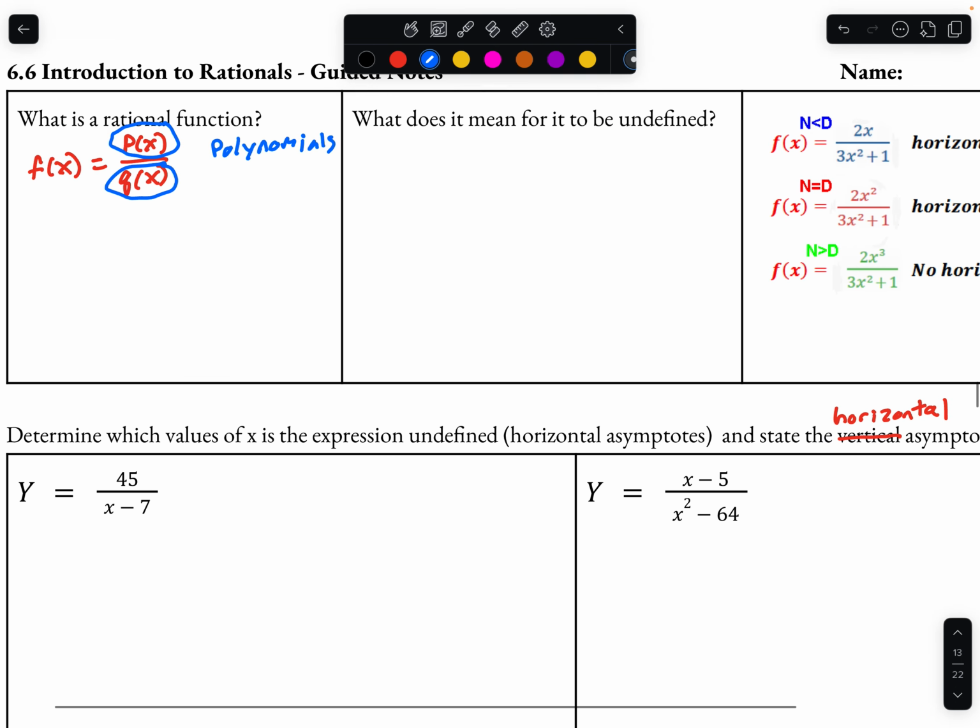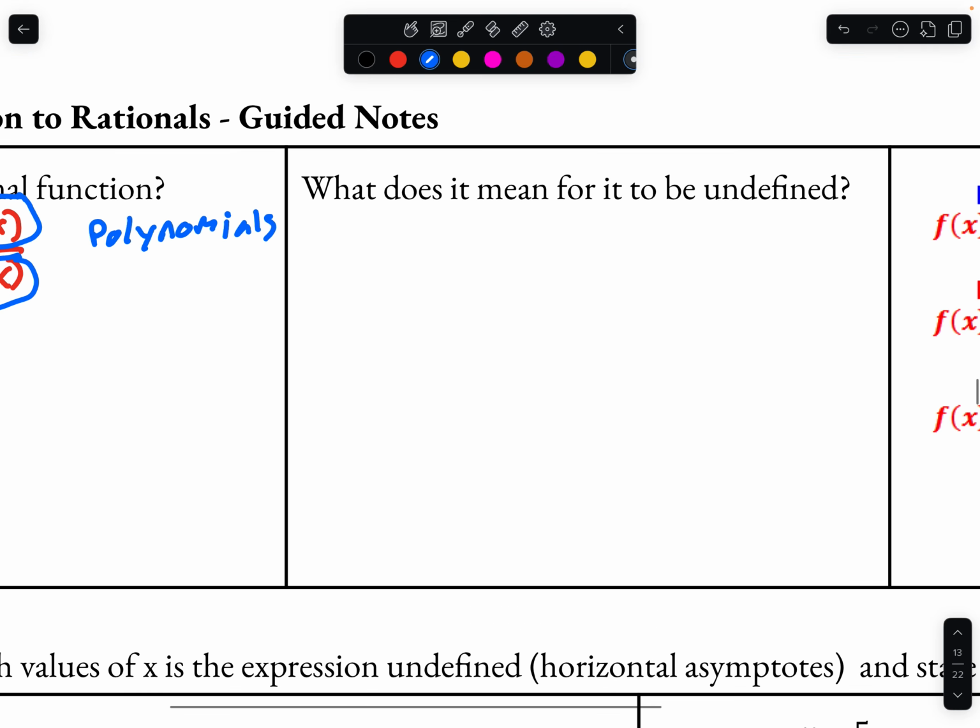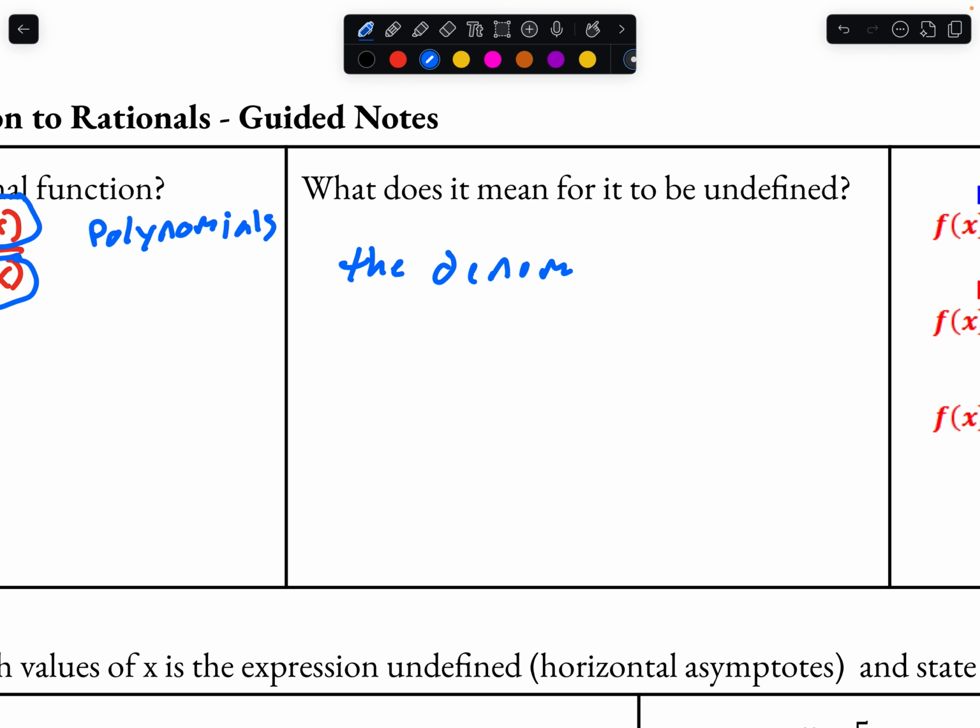Okay, let's take a look at something that we've talked about a lot, which is undefined. A function is undefined where the denominator is equal to 0. For example, you can't have 3 slices of pizza if you don't have a pizza.